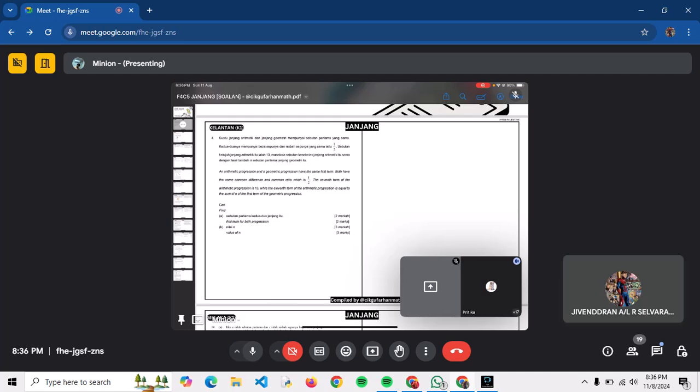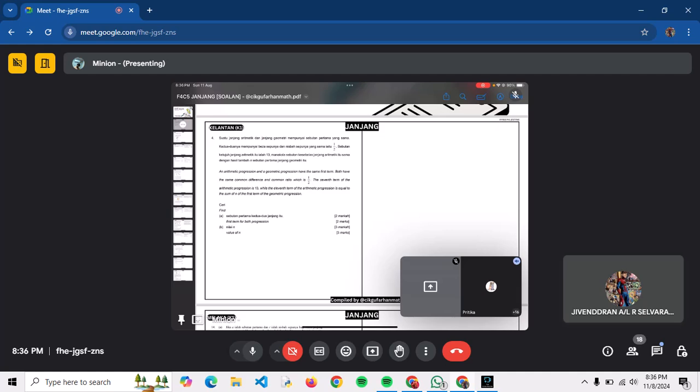Okay, question number 1. An arithmetic progression and a geometric progression have the same first term. Both have the same common difference and common ratio, which is 1/2.